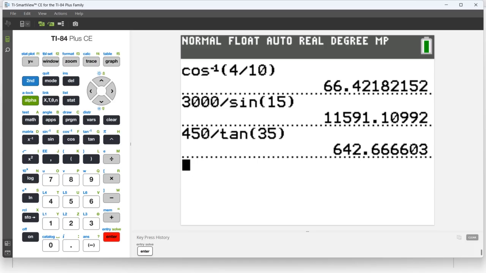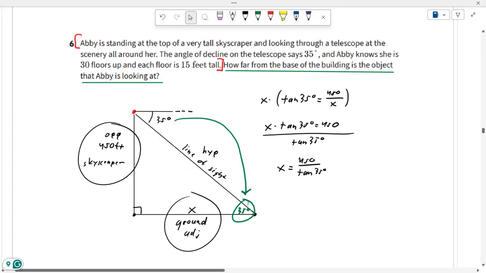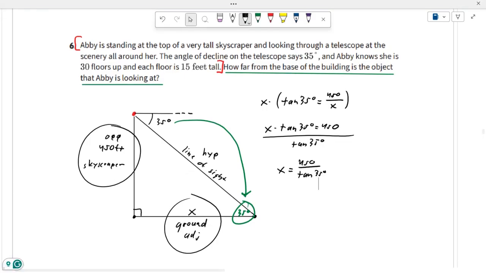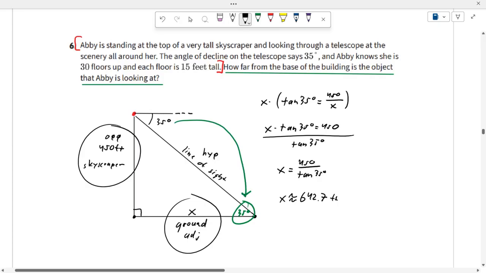So this is 642.7. If you round to the nearest whole foot, it's 643. So X is approximately 642.7 feet. Okay. And that is my answer.